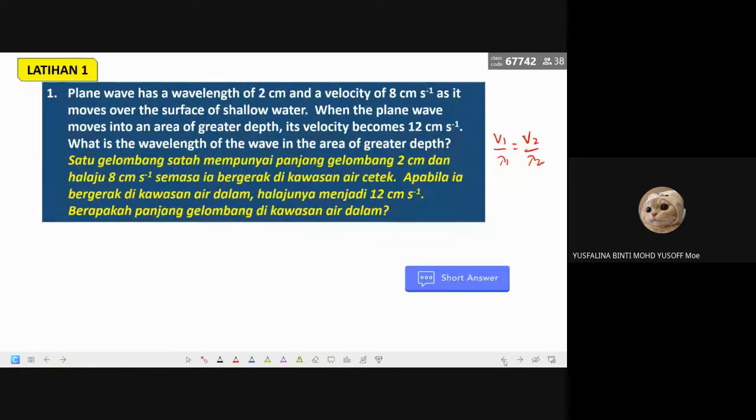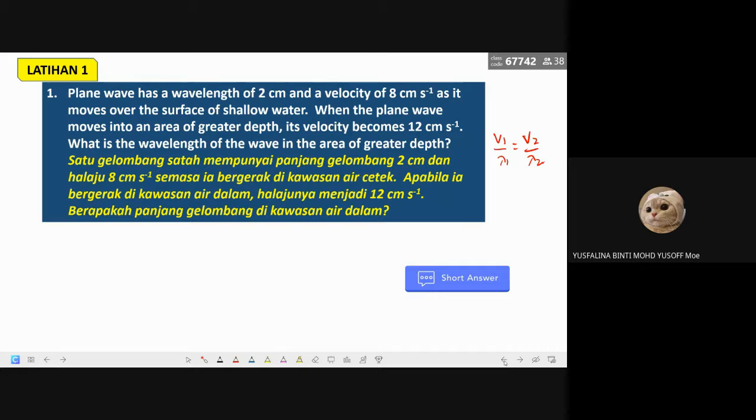Okay, so let's see the answer. A plane wave has a wavelength of 2 cm and a velocity of 8 cm s^-1 as it moves over the surface of the shallow water. When the wave moves into the area of greater depth, its velocity becomes 12 cm per second.